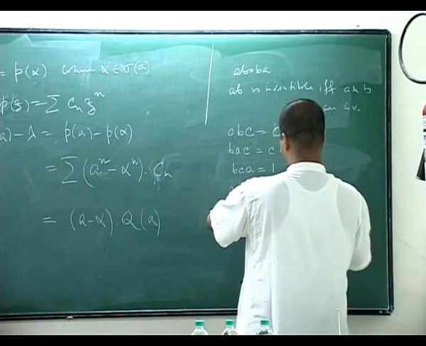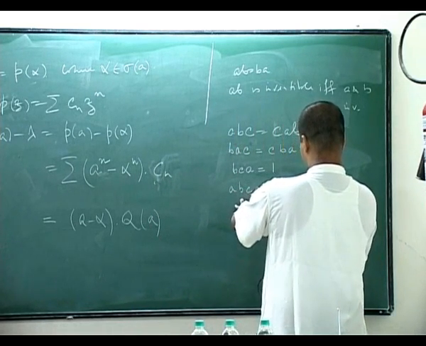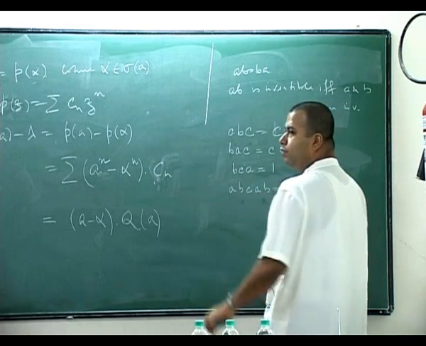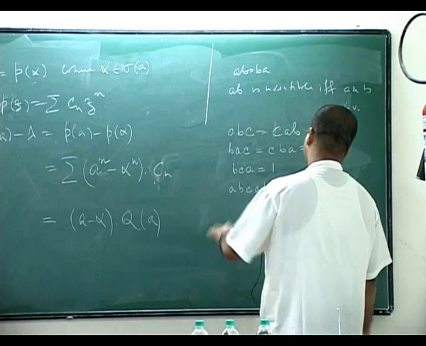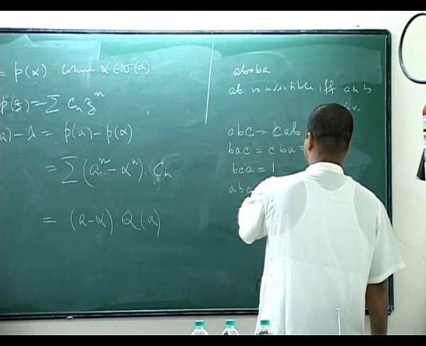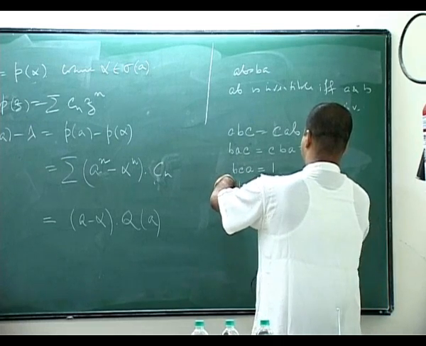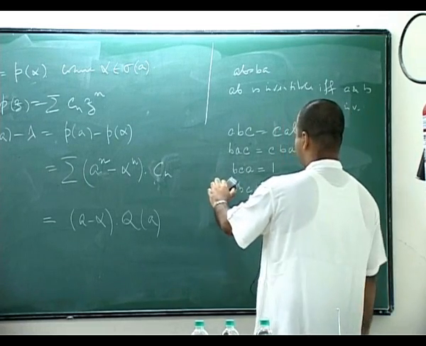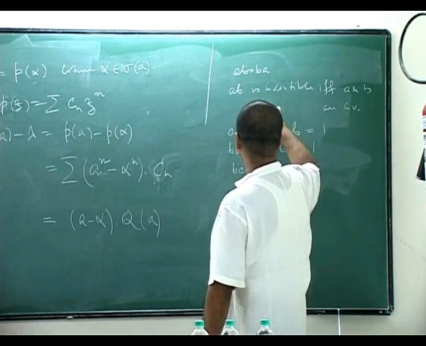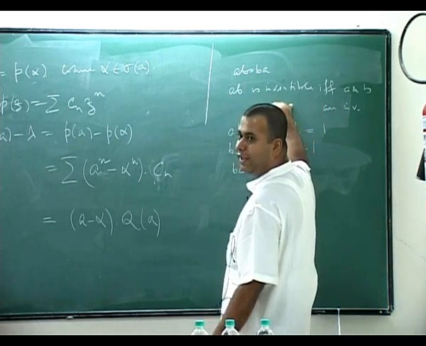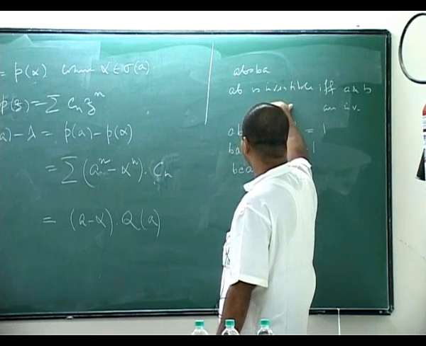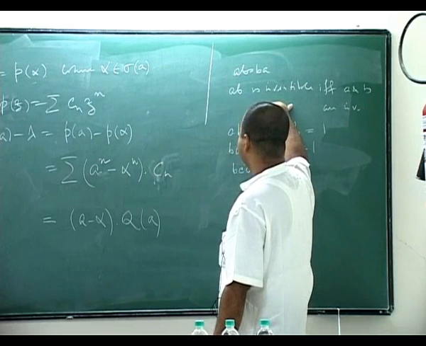Now I want to prove that AB has this inverse C, then I want to prove that A has the inverse. B may not be commutable with C. That's what you must observe.